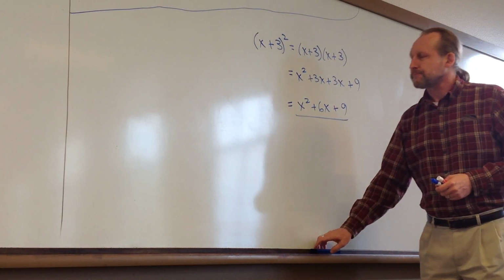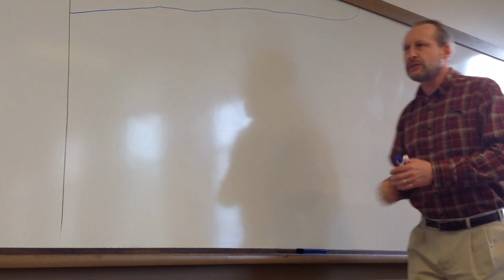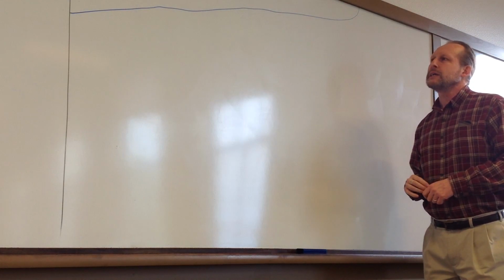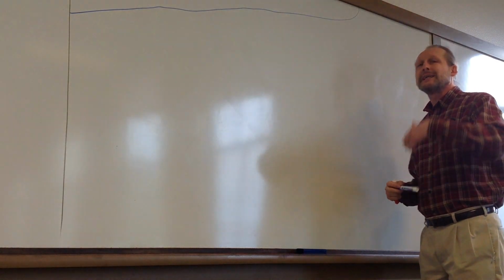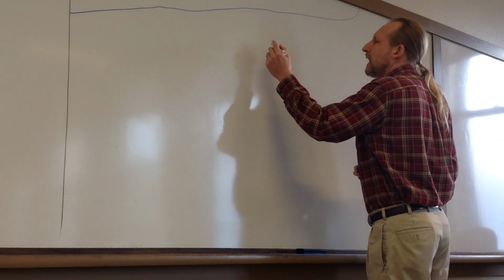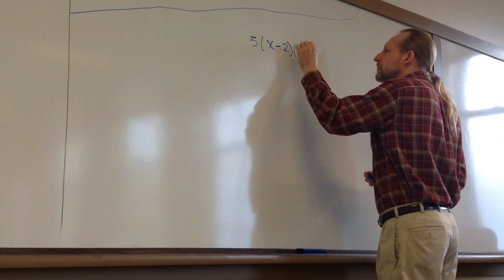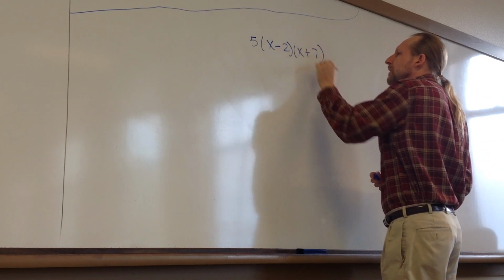Another concept that's important to understand in this section is how to handle a coefficient that's outside of parentheses. So for example, if we have something like 5 times x minus 2 times x plus 7.